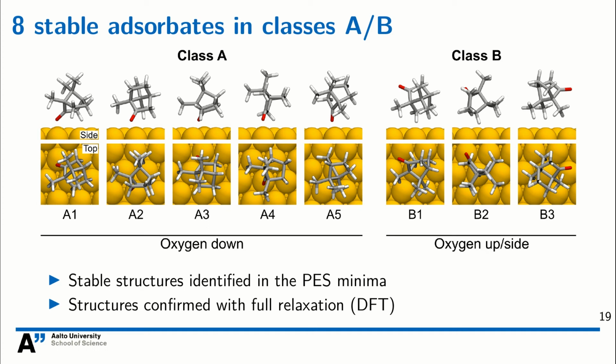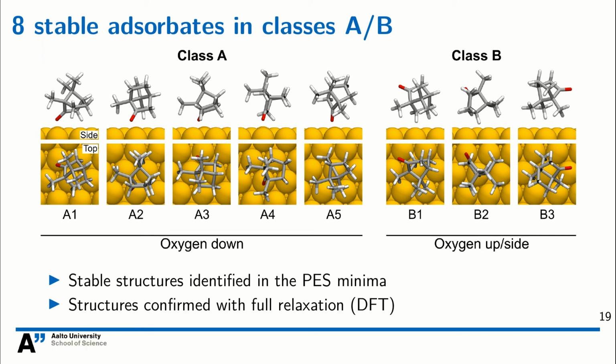We have classified them in 2 classes, A and B, with respect to the location of the oxygen atom in camphor. In class A, oxygen is close to the surface, and in class B, oxygen is higher up or on the side, and one of the hydrocarbons is then closest to the surface.